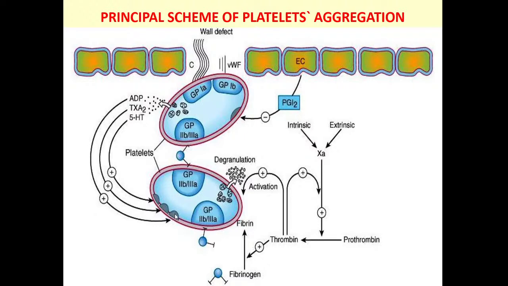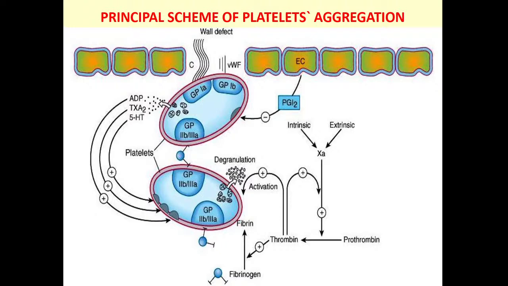These receptors are called purine P2Y12 receptors. Third, blockade of thromboxane receptors and a decrease in the synthesis of thromboxane A2.